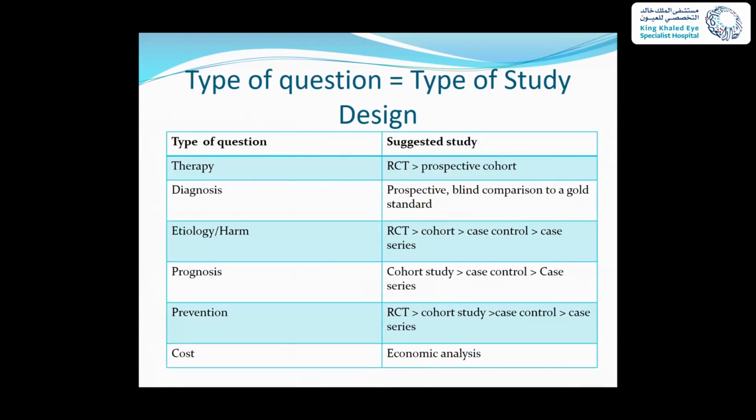For diagnosis, prospective blind comparison to a gold standard is the best study design. For prognosis, cohort followed by case control and case series would be acceptable study designs. And for cost type of research questions, economic analysis will also be a good suggested study design.